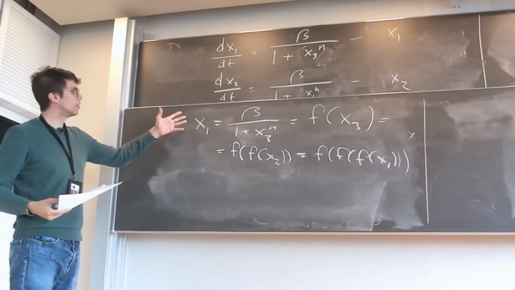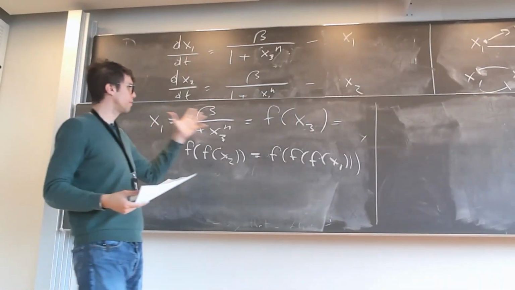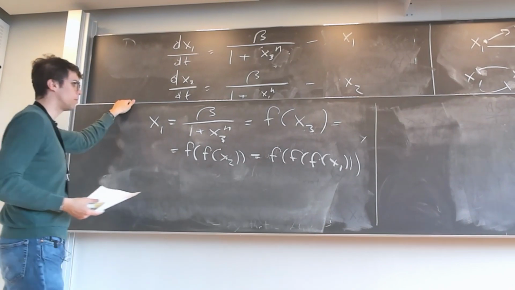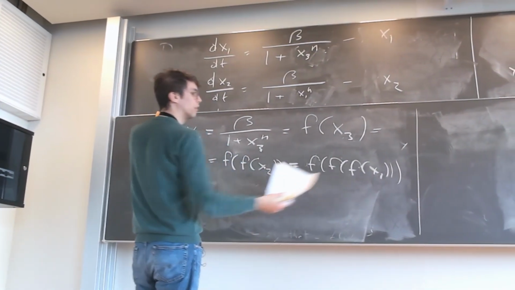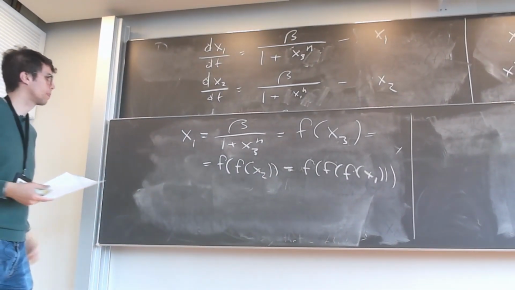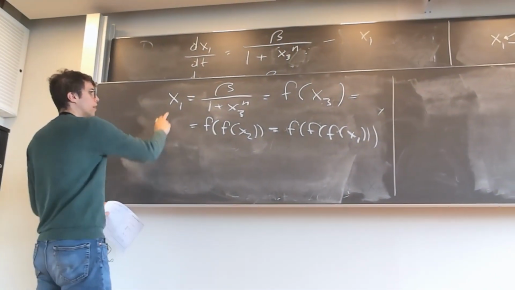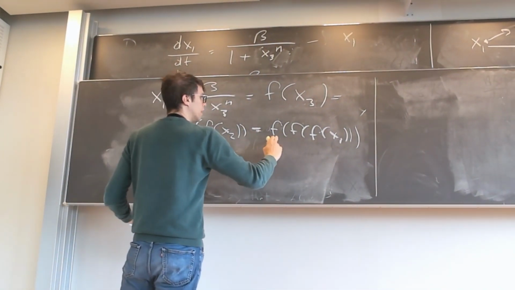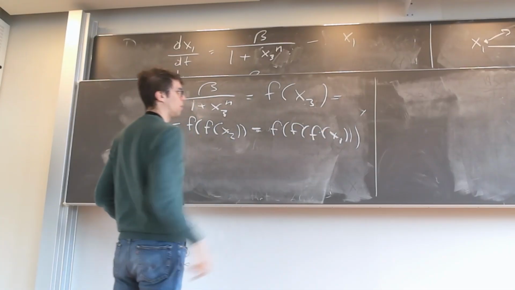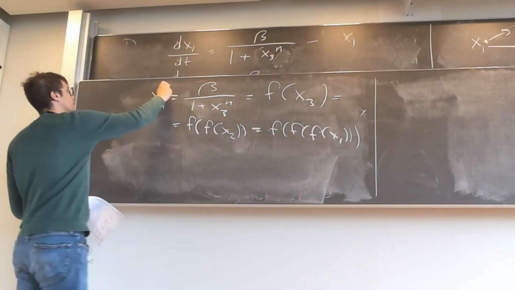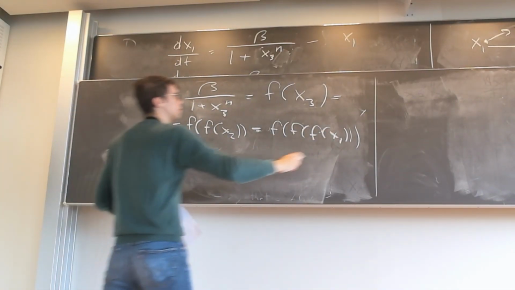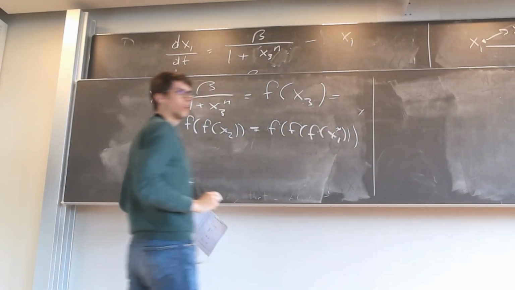So this gives us one equation that has to be true if we're finding a fixed point for the x1 component of our system, and by symmetry also for the others, which is that x1 at the fixed point is f of f of f of x1 at this fixed point. Let's write an asterisk here to denote that this is the fixed point.